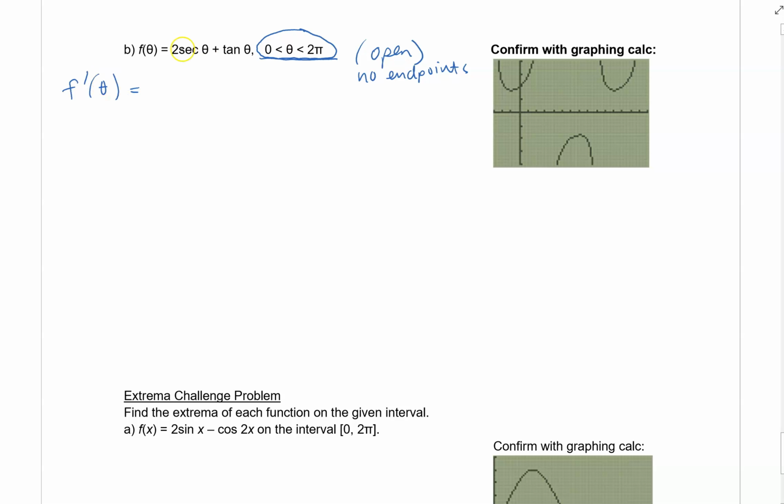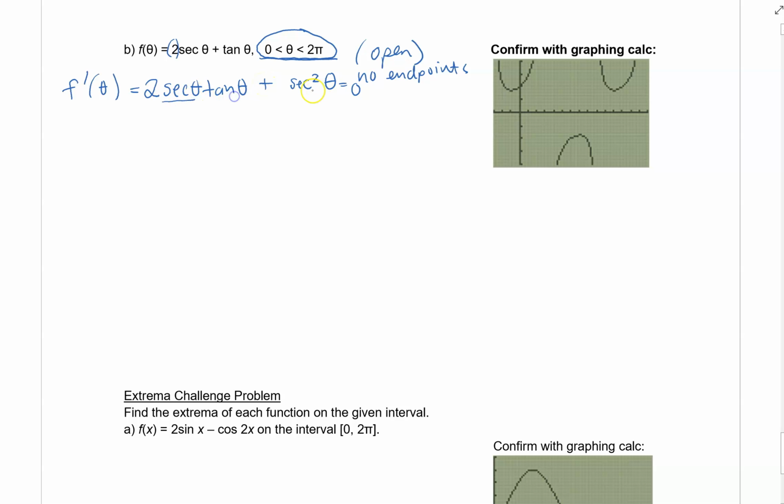So the derivative of secant is secant tangent, and there's a constant of 2, but the constant multiple rule just says bring the 2 down and multiply it to the derivative. So 2 times secant theta times tan theta plus the derivative of tan theta, which is secant squared theta. So there's my derivative. I need to find when that is equal to 0. So I'm going to solve this by factoring.